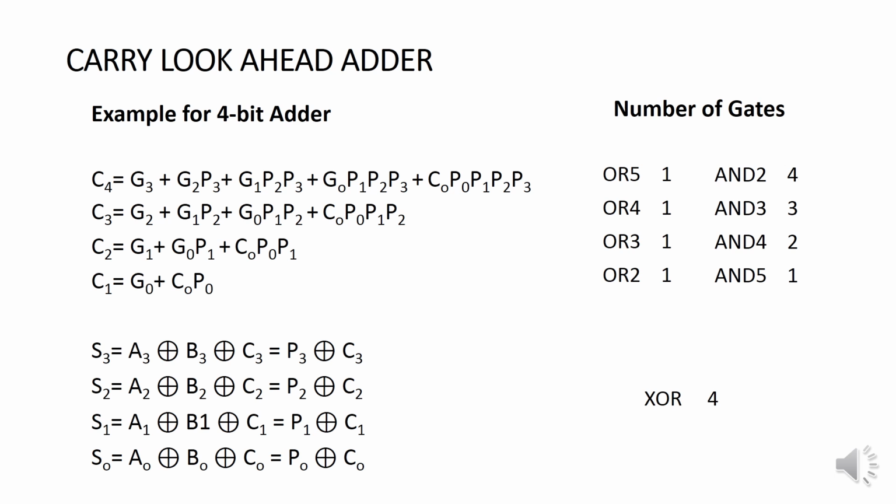And now, for the sum, we need 4 exclusive OR gates. 1, 2, 3, 4. 4 exclusive OR gates. So, to generate the carries from the G and P function, we need a total of 4 OR gates and 10 AND gates. And for the sum, we need 4 exclusive OR gates.